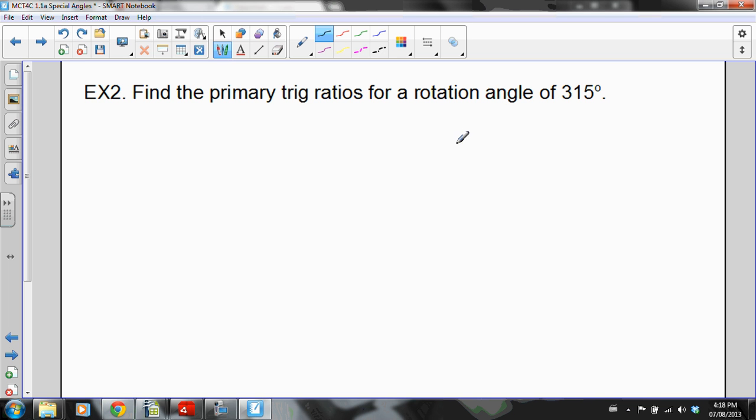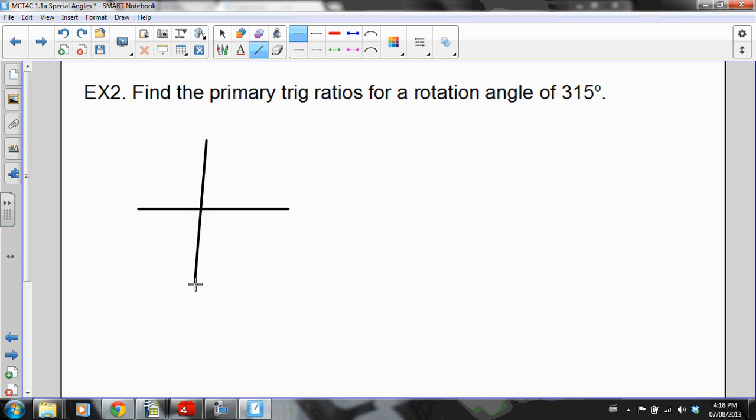So find the primary trig ratios for a rotation angle of 315. This is similar to a question that we did earlier, but we're sort of on our own to figure out how to do this. The number one thing is to get a diagram. Figure out where this 315 degrees lines up, because then we can get an idea of the rotation angle.